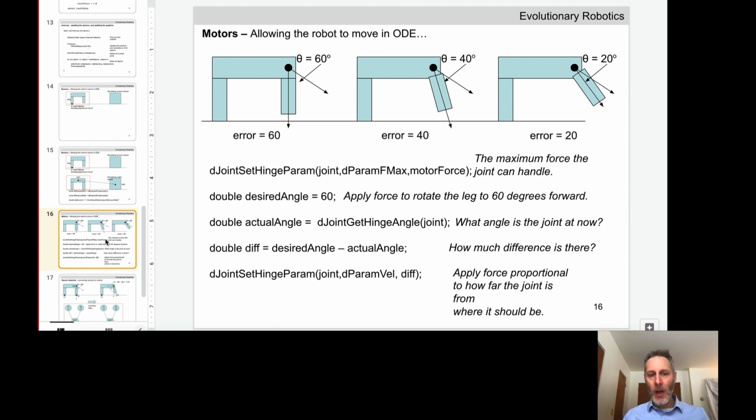How does this work? We're going to send to our motor some desired angle. We want the relative rotation between pairs of connected objects to reach some desired relative rotation.